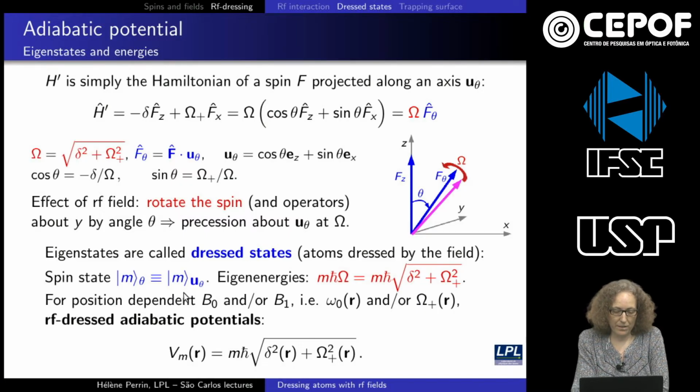Now, if we have position dependence for the magnetic field and for the RF field, then the Larmor frequency will depend on position, and the RF coupling will also depend on position, which means that the energy will depend on position, the states will depend on position, and as soon as we follow the adiabatic theorem that these states vary slowly as compared with the difference of energy between states, which is given by big omega, then we can consider that we have adiabatic potentials for our states given directly by the energy at each point r.